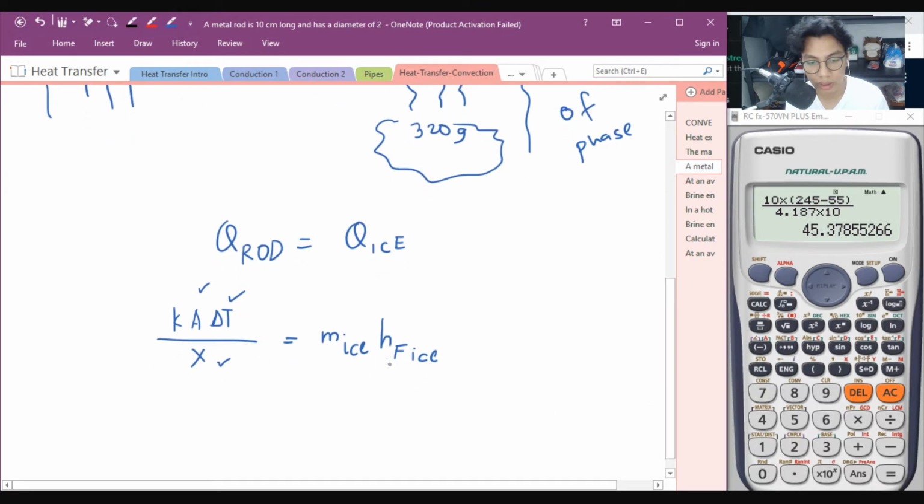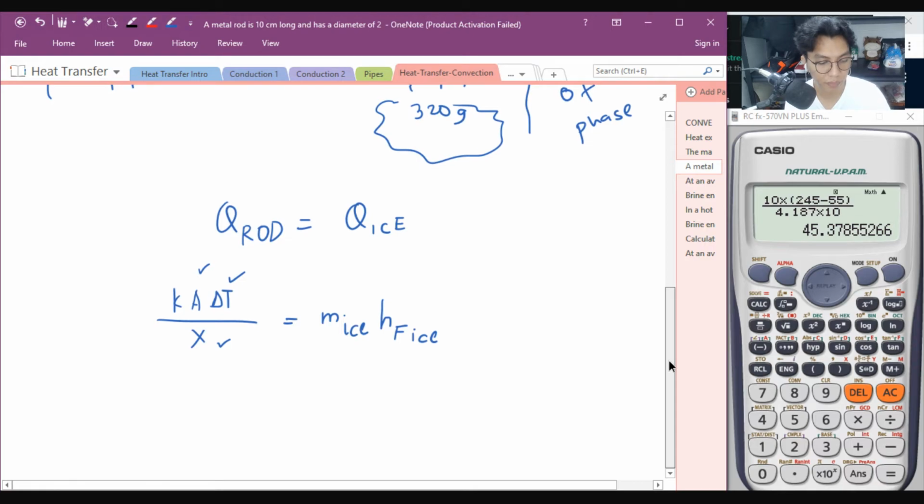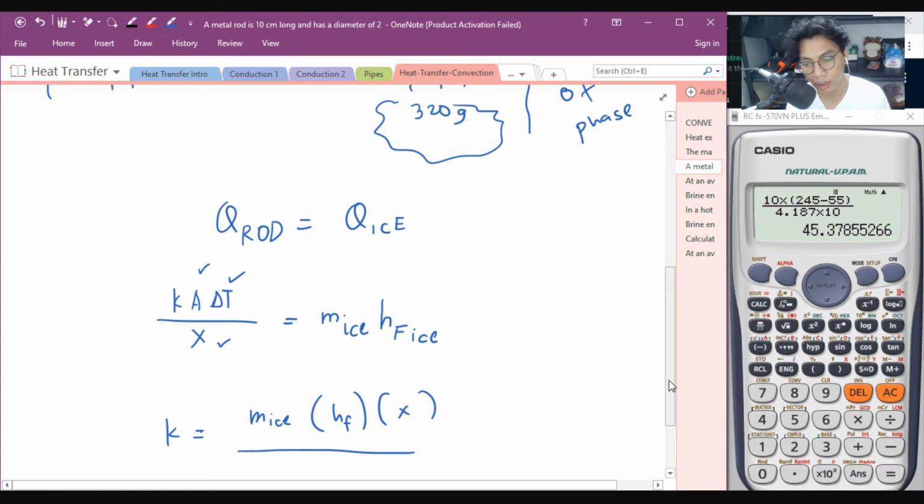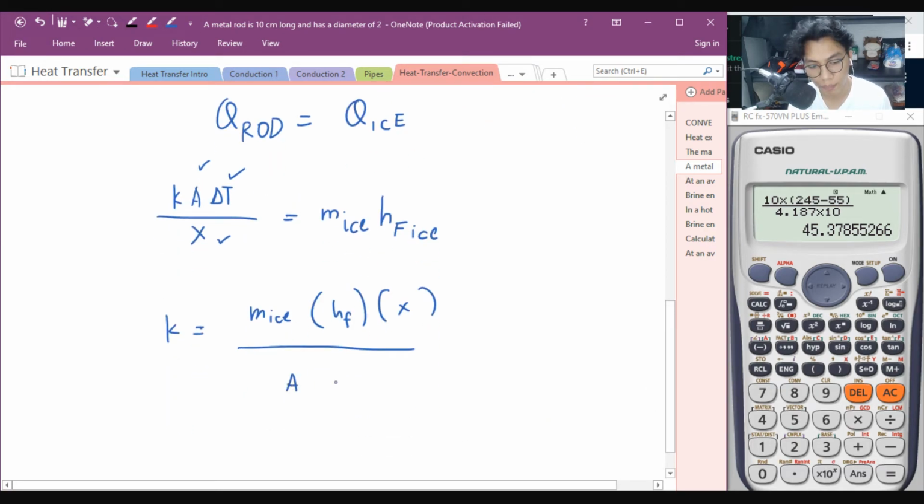And then, yung sa ice. Okay. So, what will be the value? Hanapin natin si k. k is equal to, okay, reform natin, m of ice multiplied to hf multiplied to x divided by area delta T.